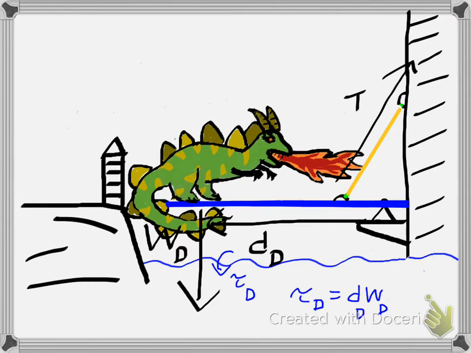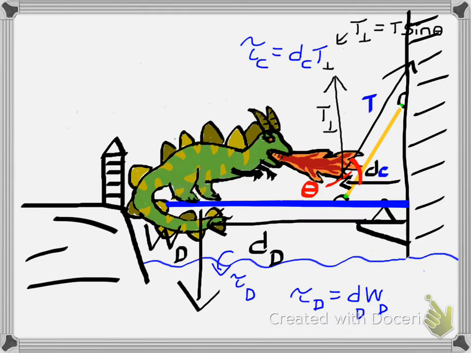Now the tension from the chain will create another torque because it acts at a distance from the pivot, where it pulls up at the distance dc, the distance of the chain from the pivot, and the angle those vectors make between them creates the torque of the chain. The distance of the chain times the tension and the sine of the angle between those vectors.